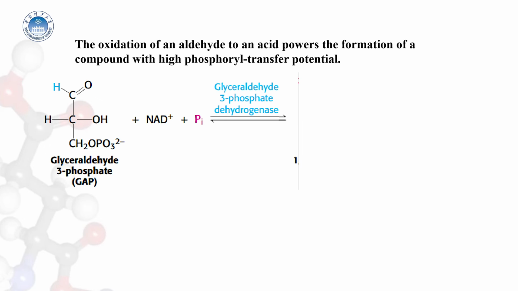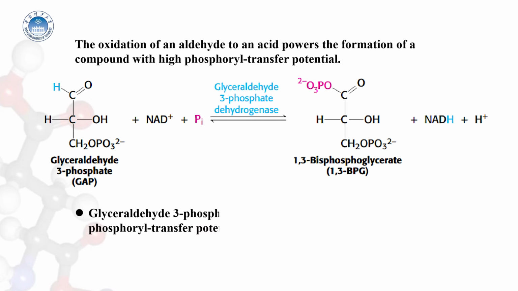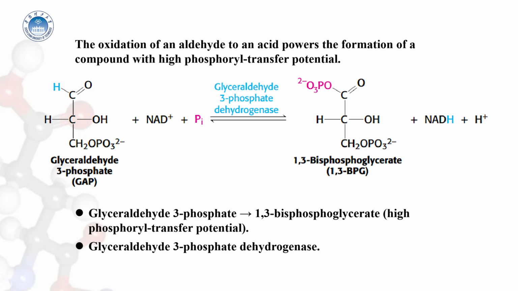The initial reaction in this sequence is the conversion of glyceraldehyde 3-phosphate into 1,3-bisphosphoglycerate. The product has a high phosphoryl transfer potential. One of its phosphoryl groups is transferred to ADP in the next step. The reaction is catalyzed by glyceraldehyde 3-phosphate dehydrogenase.